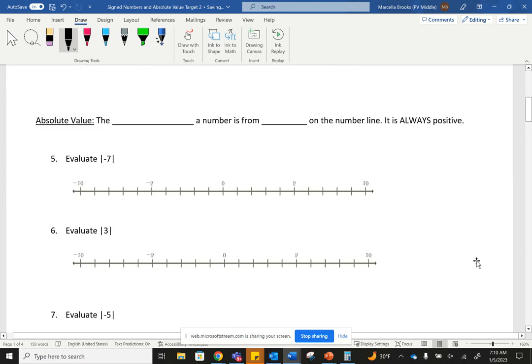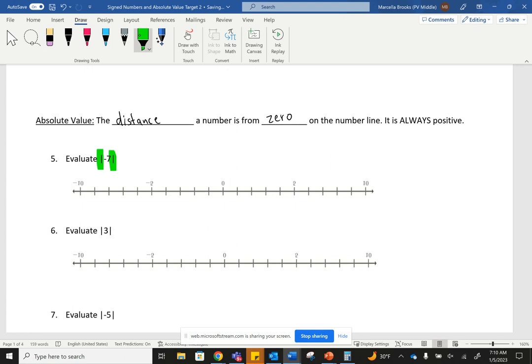So absolute value is the distance a number is from 0 on the number line. If you see these two lines right here, that means absolute value. We want to know the absolute value of -7. In other words, how far is -7 away from 0?